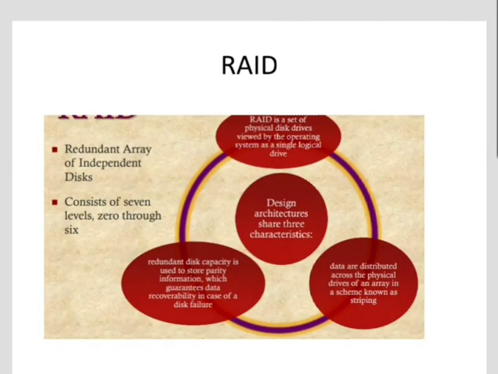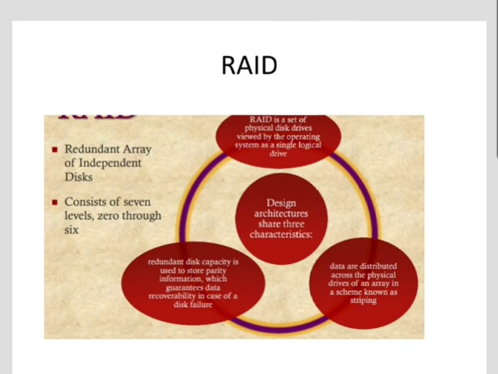Next is RAID. RAID means redundant array of independent disks. It consists of 7 levels, 0 to 6. RAID is a set of physical disk drives viewed by the operating system as a single logical drive.